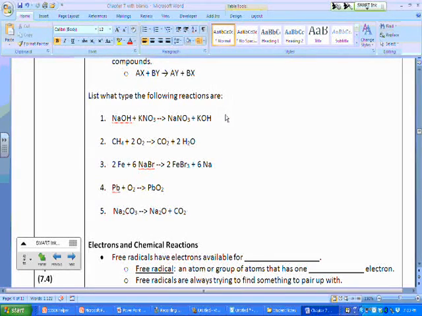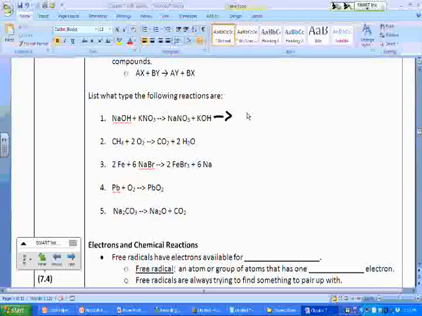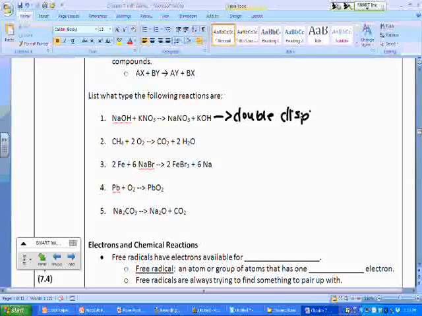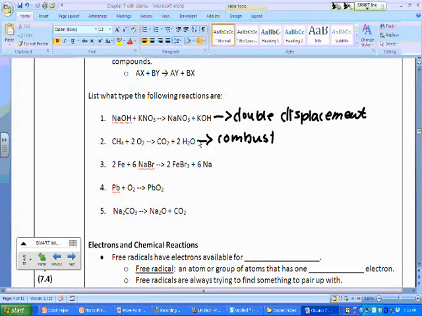All right, let's go ahead and look at these answers. For number 1, this one is going to be a double displacement. Number 2, when we look at it, it's combustion. Now, combustion sometimes is the hardest one, but just remember, if you have oxygen by itself and water on the product side, then you're going to have combustion.